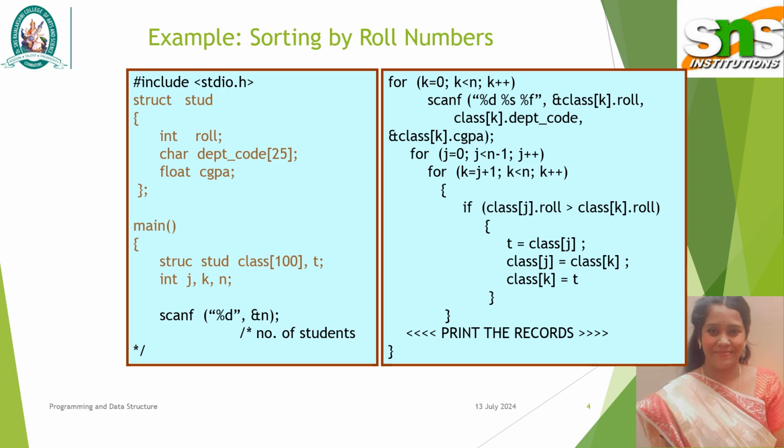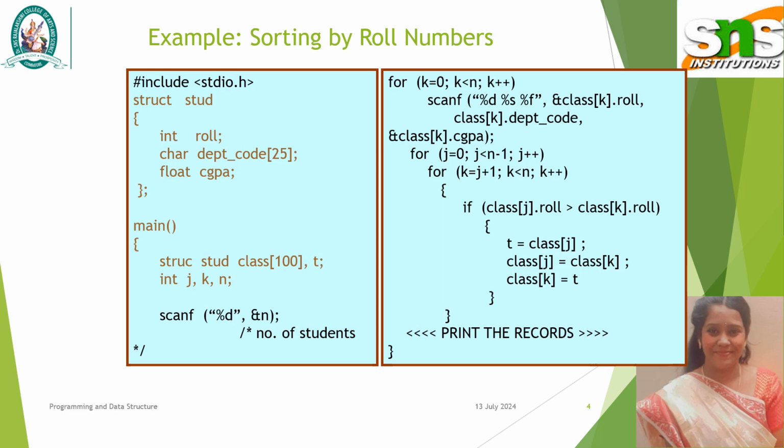Now we get the number of students in a variable called n. Then we use a for loop, where we have k equal to 0, k less than n, k plus plus. Here k is initialized to 0, and it checks the condition k less than n.